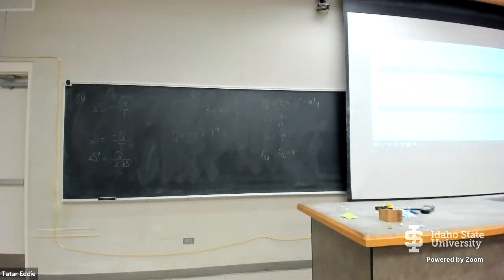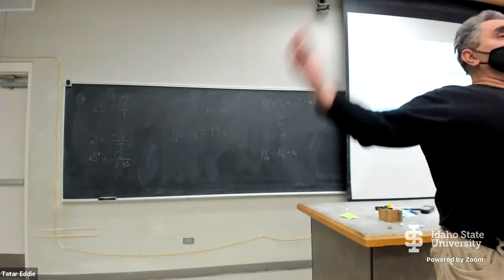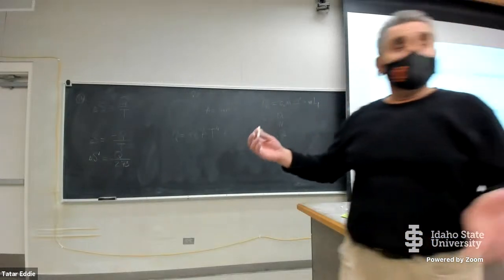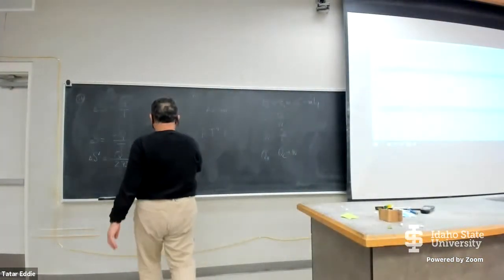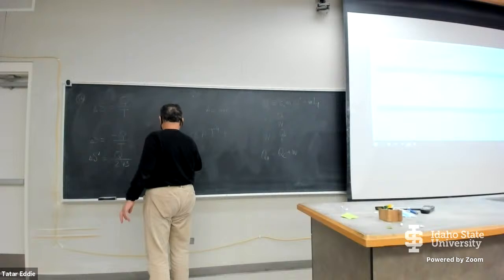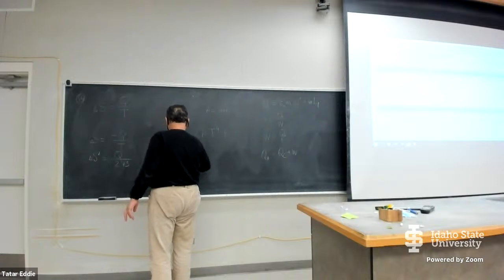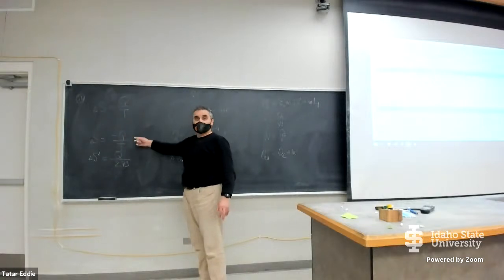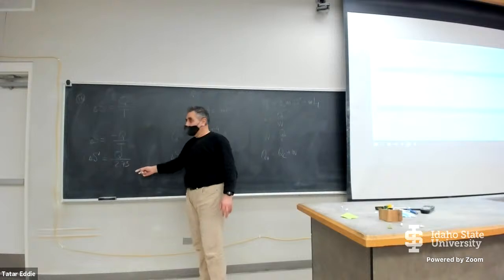So determine the amount by which the entropy of the entire universe increases per second. Well, maybe the net increase; the universe includes the star also, right? So the net change of entropy of the entire universe is going to be this plus this. This is a negative number, this is a positive number.